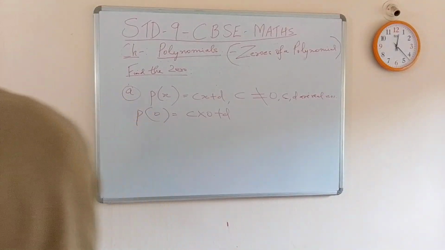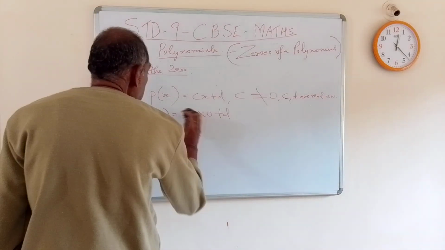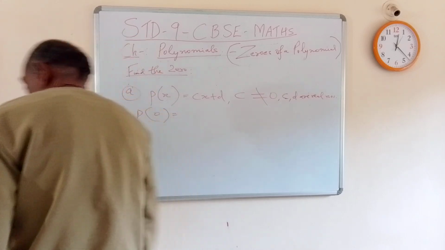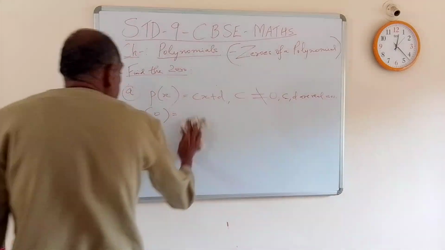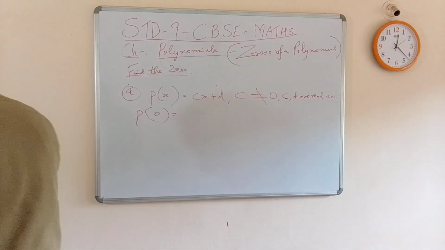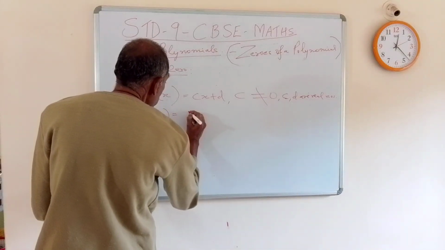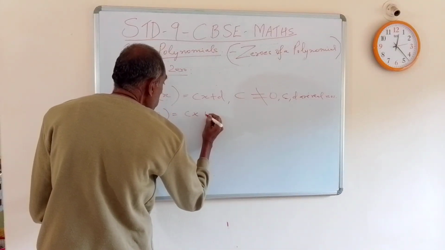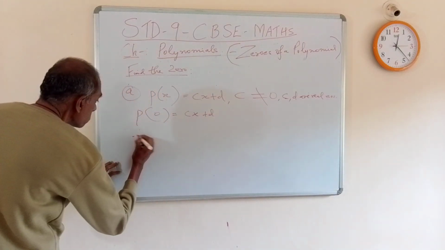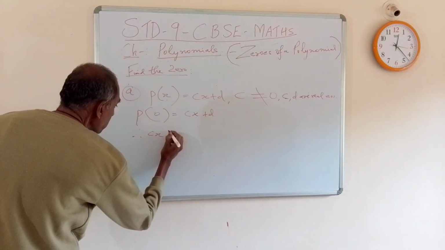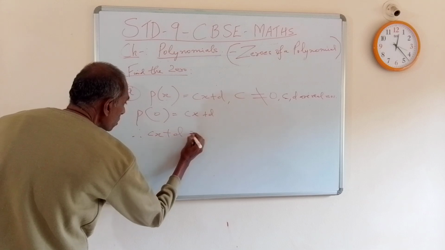Now here it will be p(x) equal to 0, so cx plus d is equal to 0.